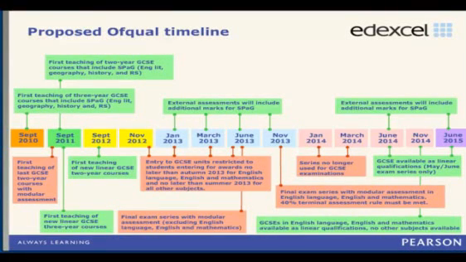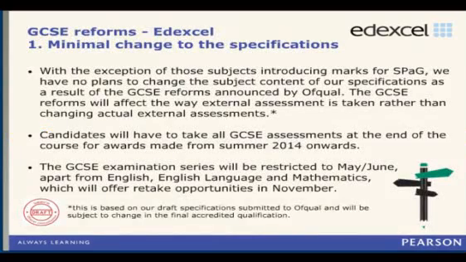So for all two-year GCSE courses starting in September 2012, candidates will be applying for their GCSE award in 2014, and they'll be required to sit all their exams at the end of the course, and essentially that's what happens in GCSE Art now. So there are minimal changes to specifications, with the exception of those subjects where they'll be introducing marks for spelling, punctuation and grammar.